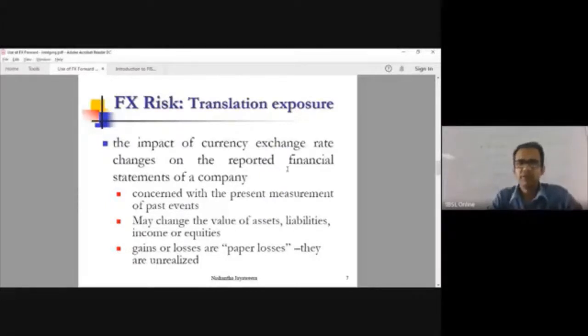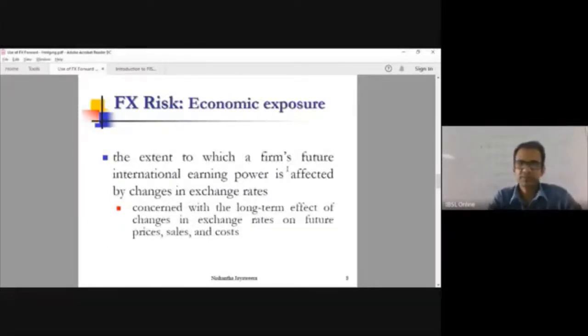So then we'll move into economic exposure. When we say economic exposure, we don't need to have a current transaction which is still open, or a transaction that we have previously entered, or holdings in foreign currency assets or any foreign currency liabilities, or foreign currency inflows, but still we have this exposure, economic exposure.